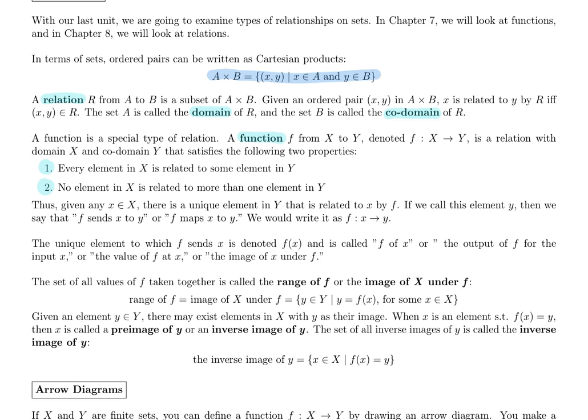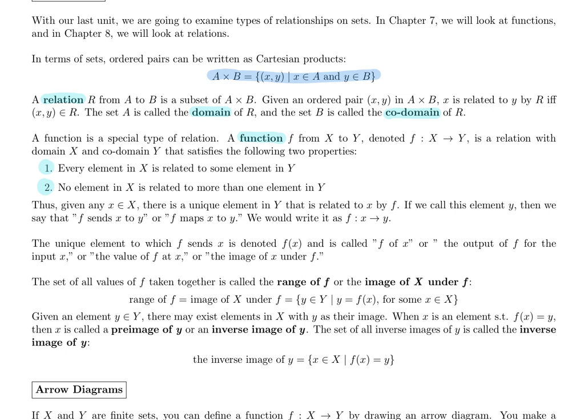Every element in X is related to some element in Y, and no element in X is related to more than one element in Y. Thus, given any element x in the set X, there's a unique element in set Y that is related to x by f.